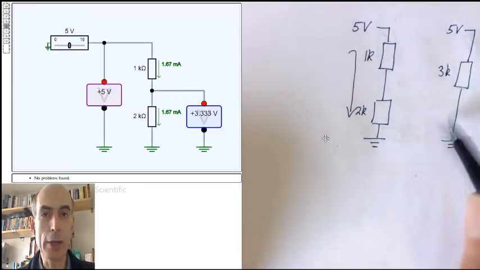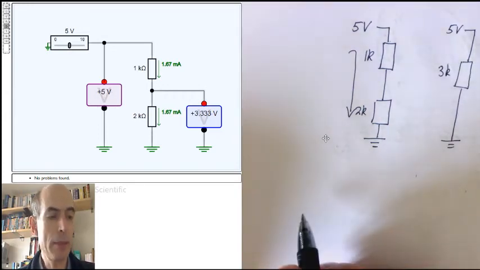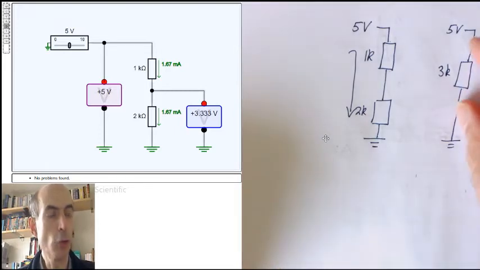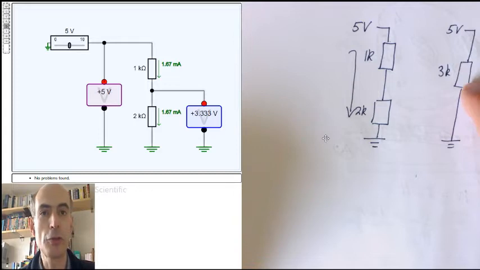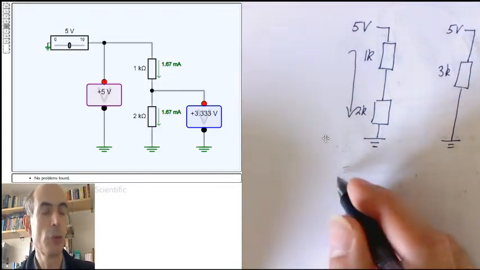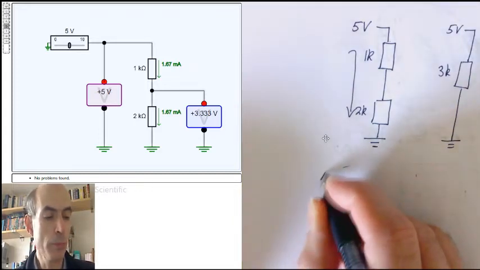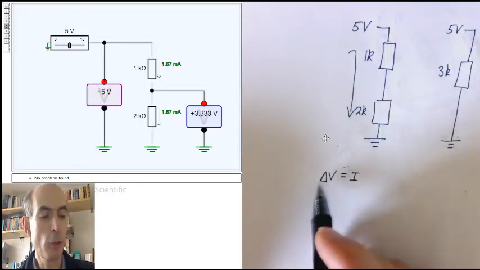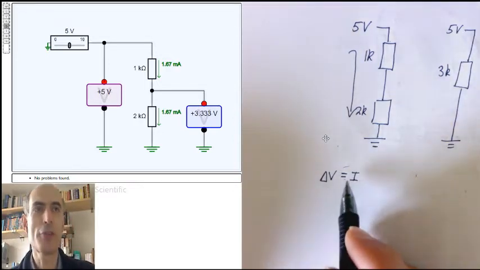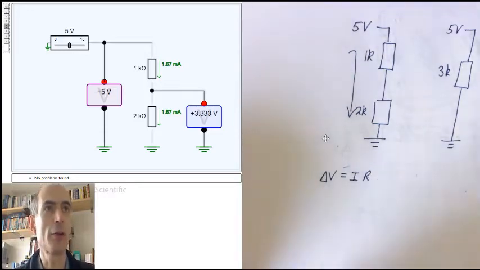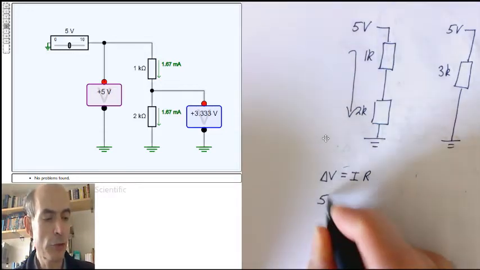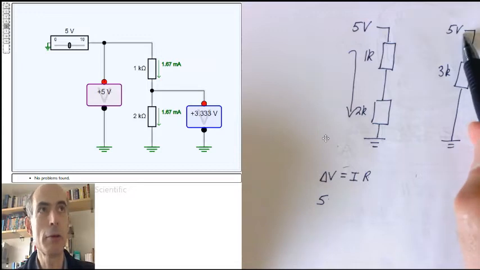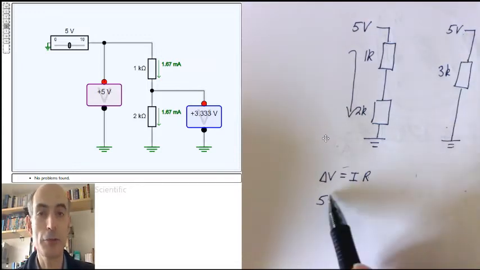We can now work out what this current must be. We've got 5 volts across this 3K resistor. We know the resistance, 3K, so a simple application of Ohm's law, voltage across the resistor is the current through the resistor times the value of the resistance. The voltage across the resistor, 5 minus 0, is just 5.